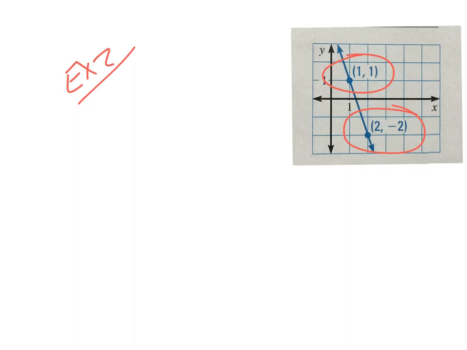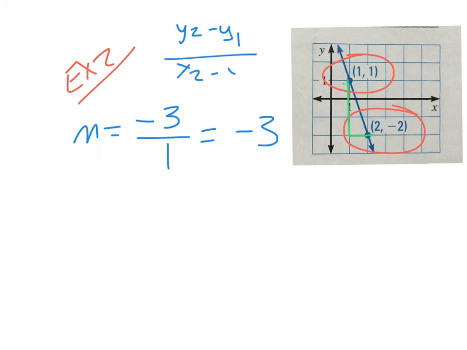We need to find the slope. Okay, so I'm going to go down how many? 1, 2, 3. So I went -3. And then I went over how many? 1. So my slope was just -3. Now remember, if counting on the graph is weird, you can always use y2 minus y1 over x2 minus x1, if they just give you the points and not the graph.